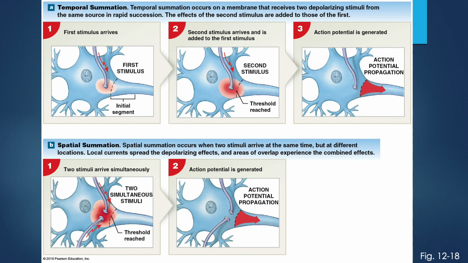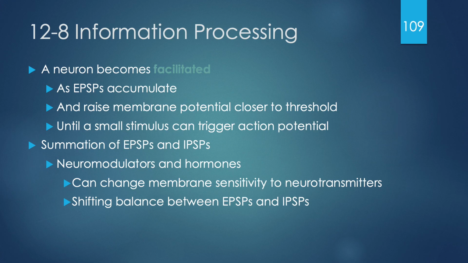In spatial summation, we have two or more stimuli arriving at the same time, and because of this, each of them on their own may not be strong enough to create an action potential, but together the depolarization will overlap, and eventually the threshold will be reached, and an action potential can be propagated that way. So as multiple excitatory postsynaptic potentials arrive and accumulate, the neuron is going to get closer and closer to actually reaching threshold and triggering an action potential.